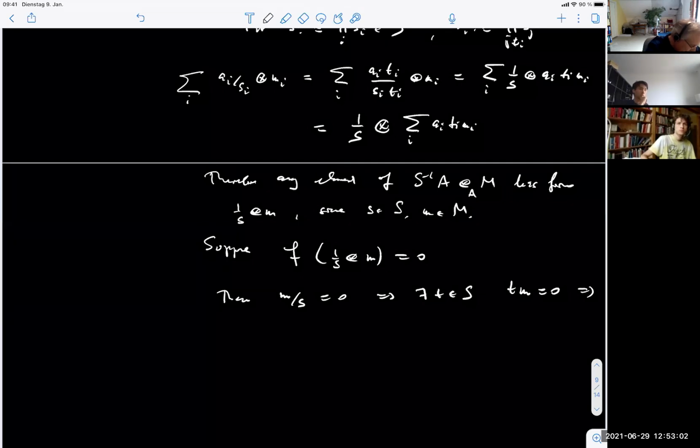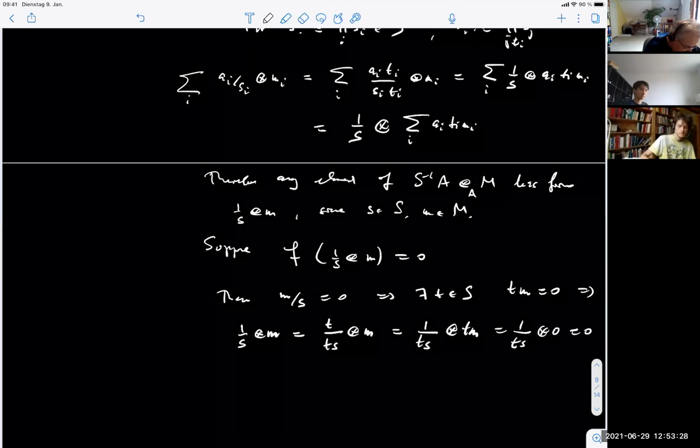So let's see, why is that 0? 1 over s tensor m. The clue is to multiply here with t and then move t to the other side. s t times t s doesn't matter. But t m is 0.